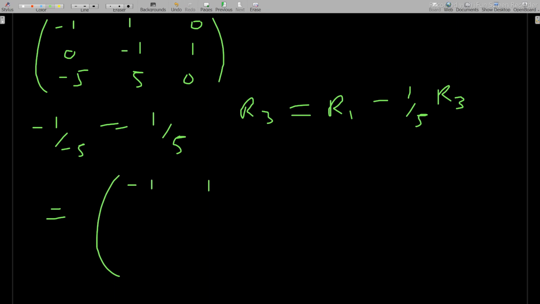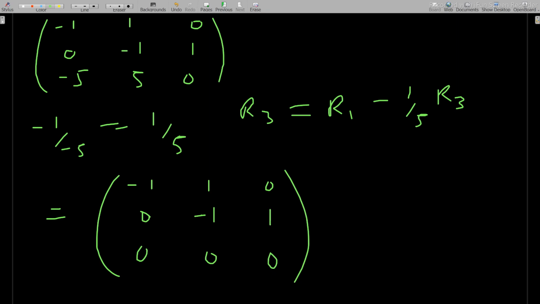Negative 1 1 0, 0 negative 1 1, then 0. And here too we get 0 as well, this minus 1. So here too will be 0 as well.